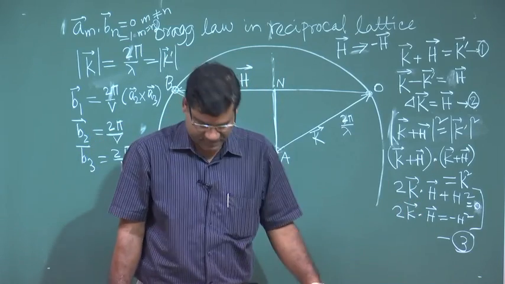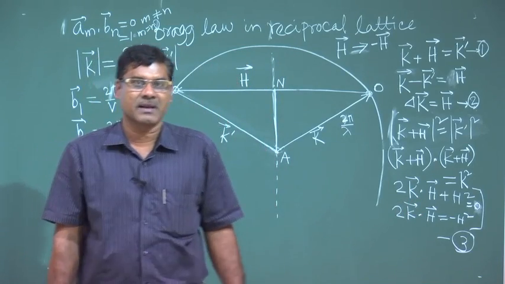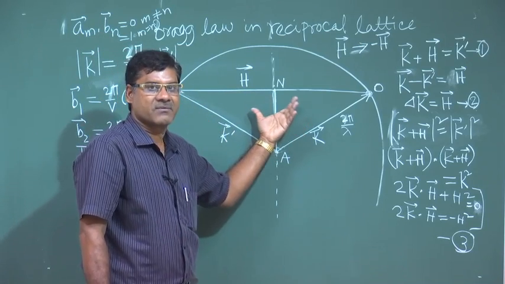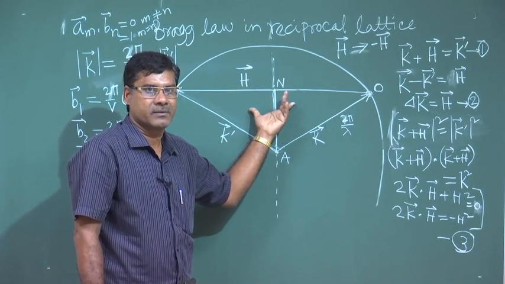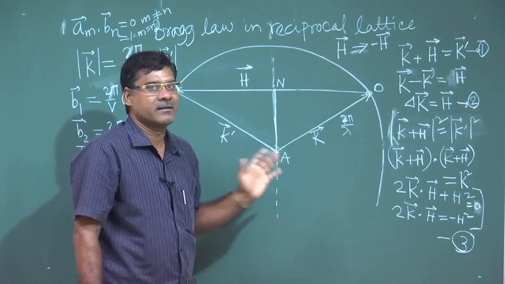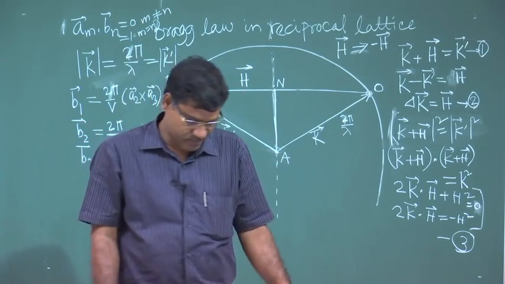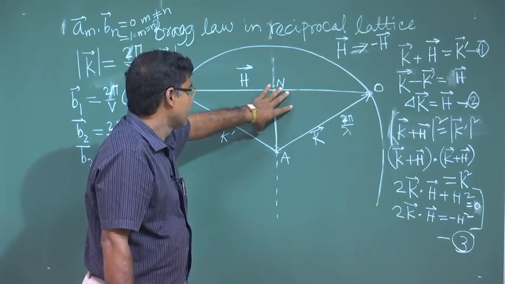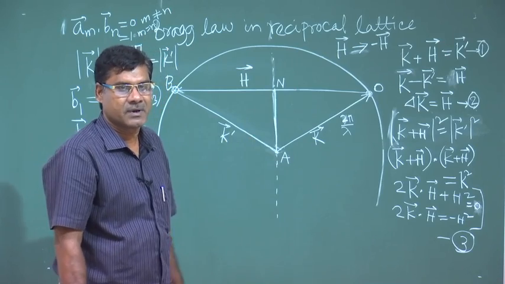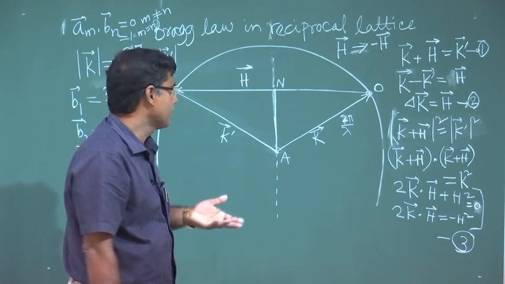So this is called the Bragg law in reciprocal lattice. Already from this configuration I have shown that we can get the Bragg law. So from here to Bragg law in direct lattice, that I have shown you.